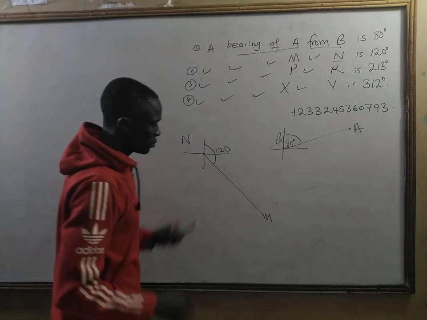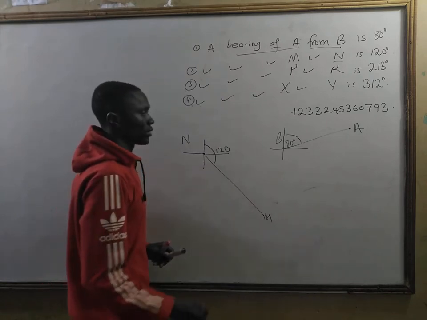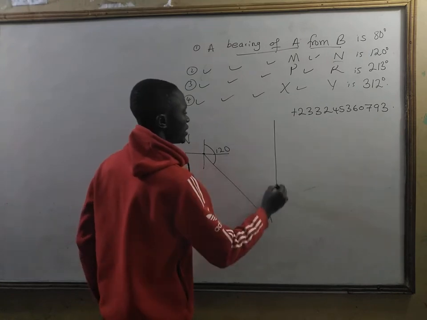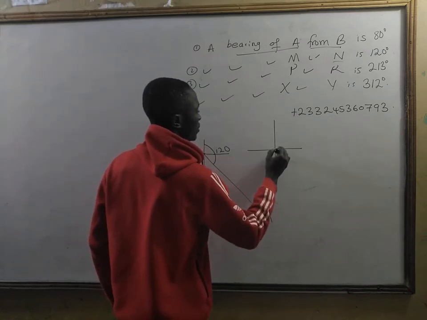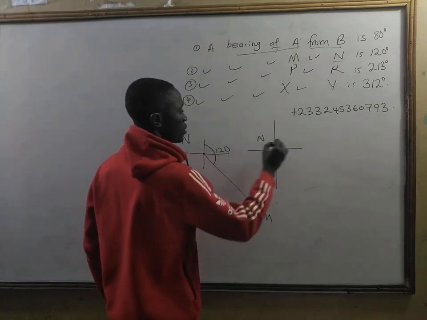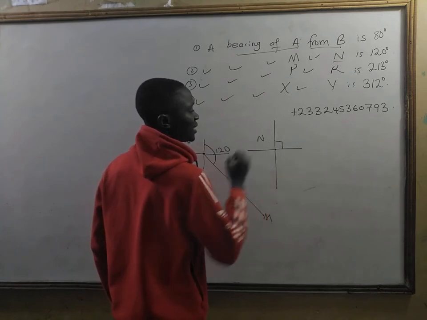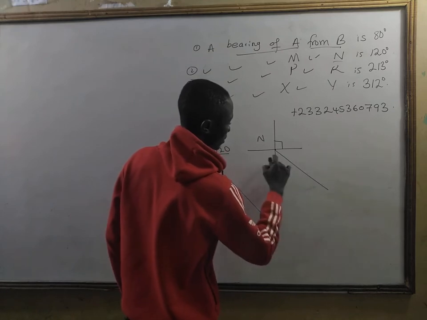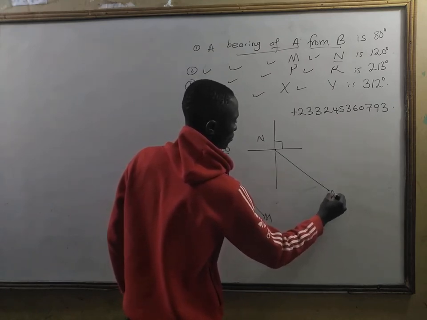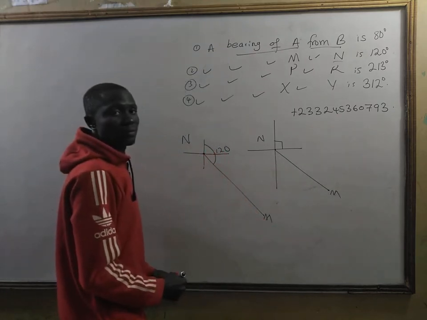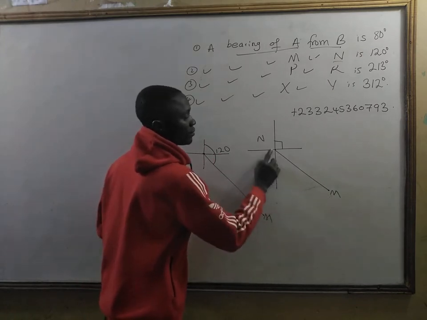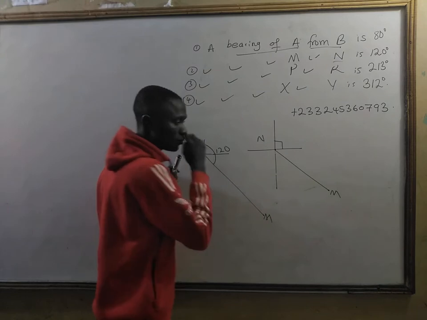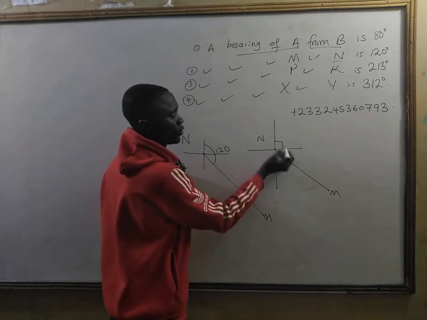Now, in what other way can we draw this one? We can draw this one in a very simple way. This is our point N. From here to here is 90 degrees. So if we assume here to be point M, and this is the line joining M and N, then from here to here is 90.